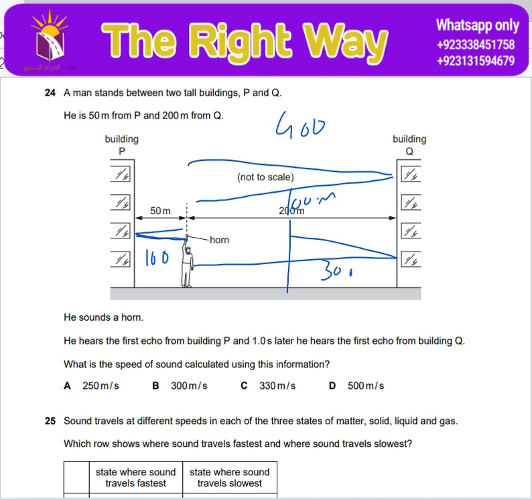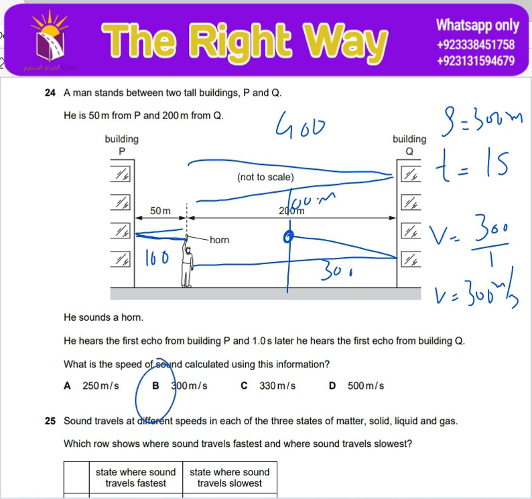At first echo the sound reaches till here, and at the second echo, which is after 1 second, the sound travels 300 meter. So distance is equal to 300 meter, and time is equal to 1 second. So velocity will be equal to 300 divided by 1, which is equal to 300 meter per second.